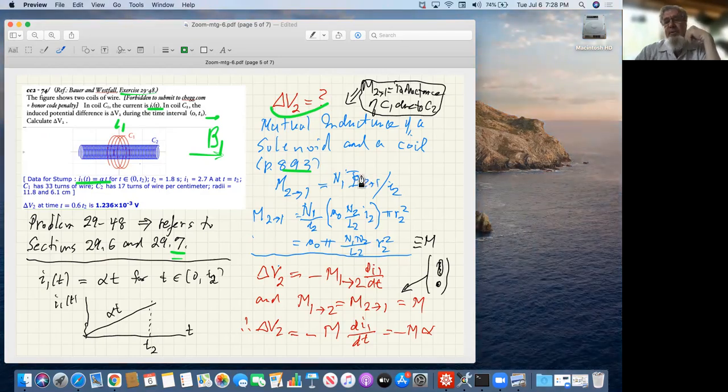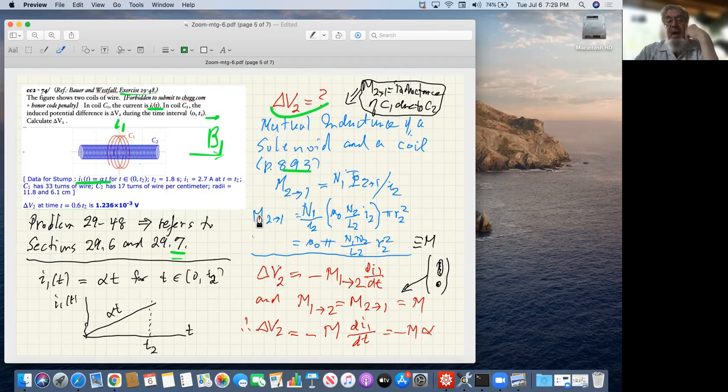But we want the opposite of that, because we want to know what's the potential around coil 2 due to the current in coil 1. So we want, well, of course, the potential around coil number 2 is the mutual inductance for 2 created by the current in 1 times di1/dt.